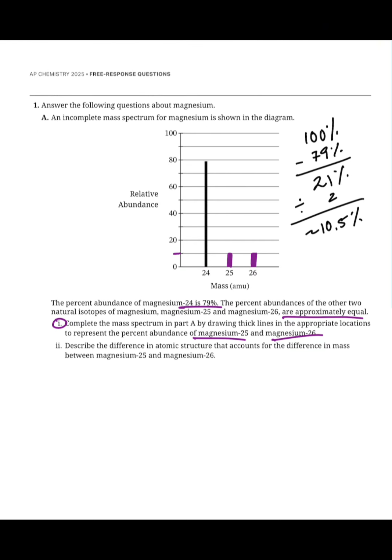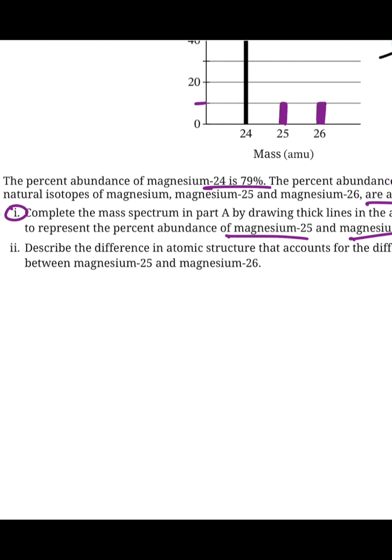Part II is then asking to describe the difference in atomic structure that accounts for the difference in mass between magnesium-25 and magnesium-26. All magnesium atoms have 12 protons, right? They all have an atomic number of 12.